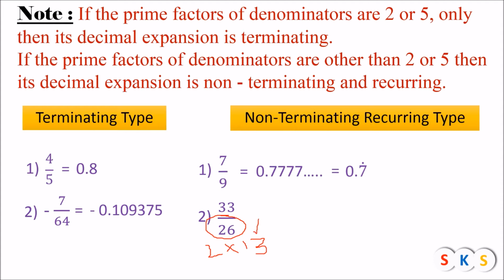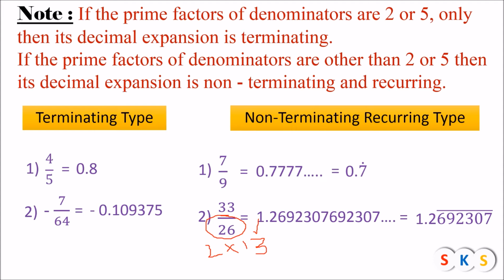So the decimal form of this rational number will be non-terminating and recurring. You can see here it's 1.2692307692307 dot dot dot. The group of digits 692307 is repeating, and it's a never-ending division, so it is the non-terminating recurring type.